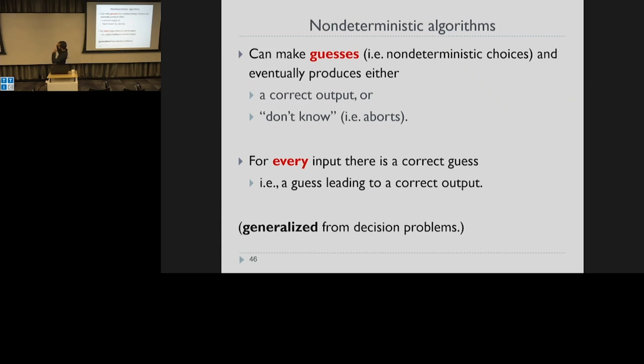It's an algorithm that can make guesses, and then eventually it would output a correct output, or it says, I don't know. And we also want that for every input, there is a correct guess. So in our case, for every graph, there is a Gomory-Hu tree, and so there is a guess that would lead us to a correct output.